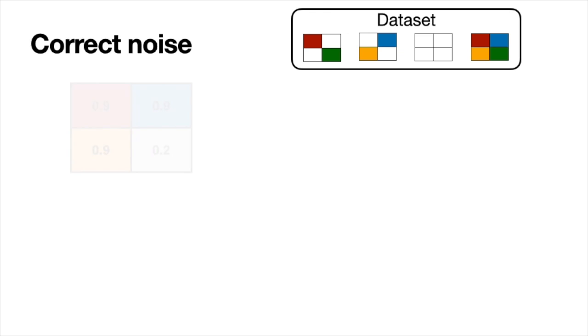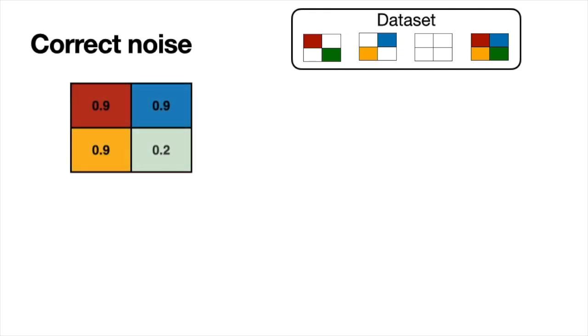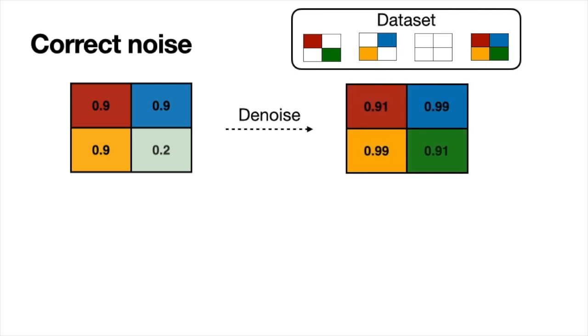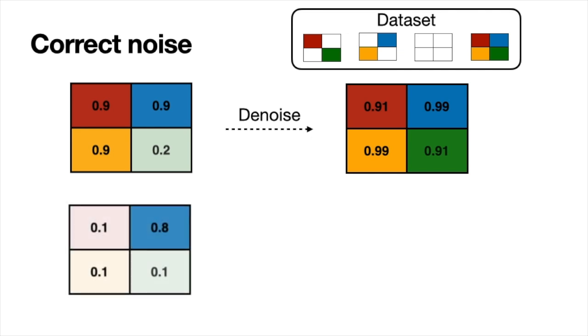Let's look at some more examples. This one over here seems to be a fully colored image except for that bottom right green pixel there, which has a 0.2. Well, the denoising autoencoder colors the entire picture for you. And finally, one over here, which seems to be a white picture except for that 0.8 upper right blue pixel.